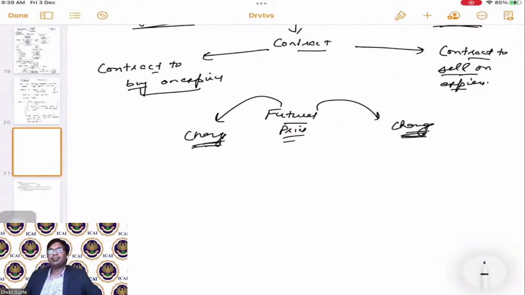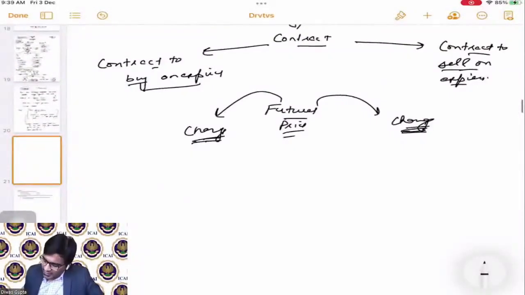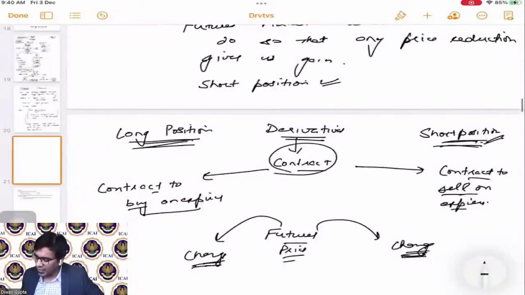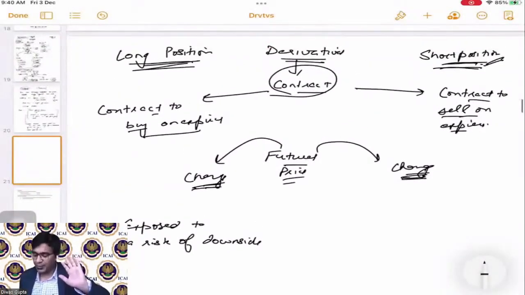Okay, Harshad, I hope this point is clear. See, I'm just putting it here again. Long position is exposed to a risk of downside. What if the price goes down? The person who has a long position in this contract will lose. I'm just talking from the contract point of view.